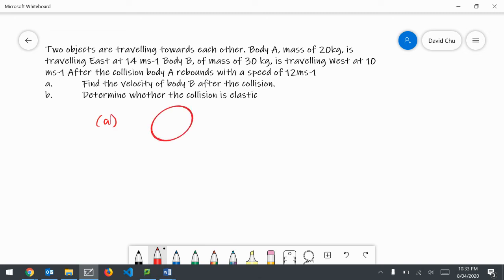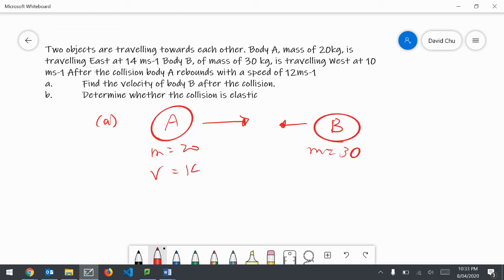So you've got one object, let's call that body A. This one here is going in one direction. The other one is going the other direction. Initially the mass is 20, mass is 30.